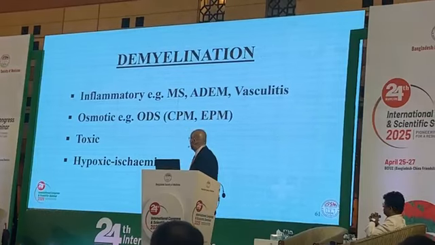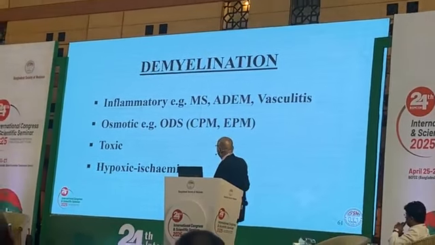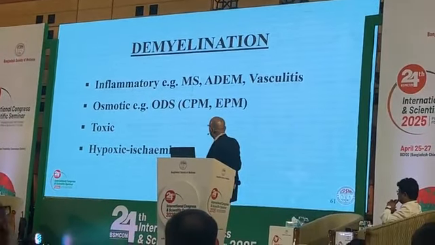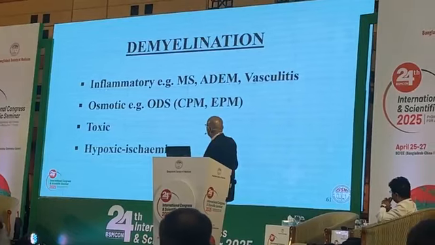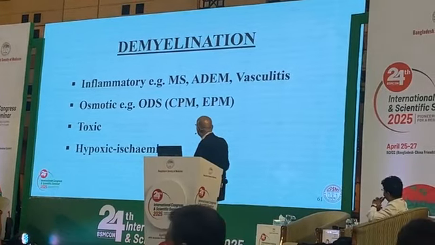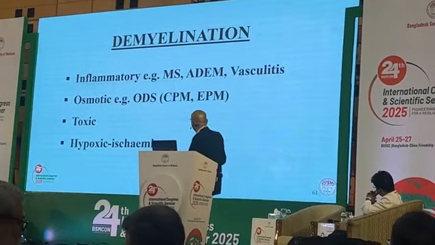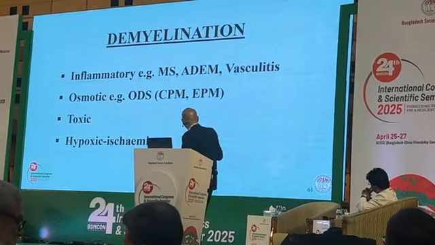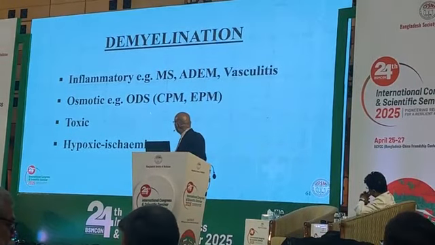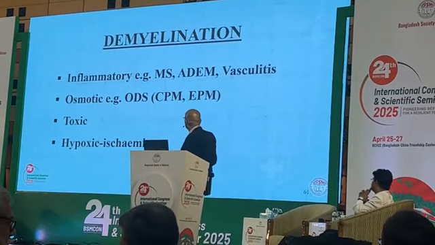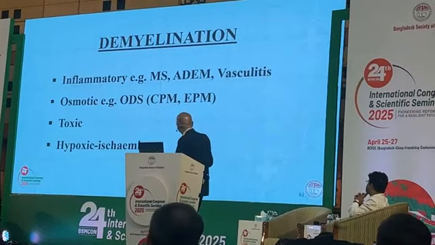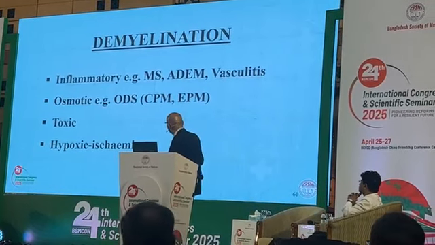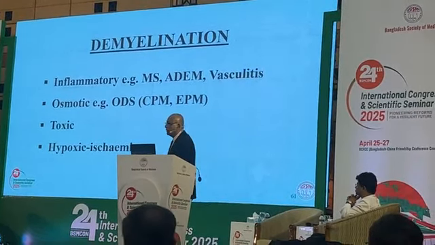And we'll see different types of demyelination today. First is inflammatory demyelination, like multiple sclerosis, acute disseminated encephalomyelitis or vasculitides; osmotic demyelination, both central pontine myelinolysis or extrapontine myelinolysis; toxic demyelination; and hypoxic ischemic demyelination.